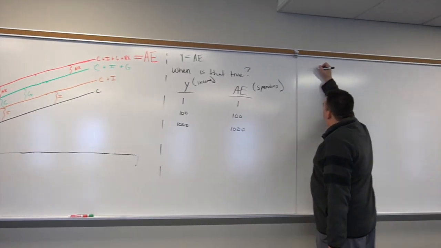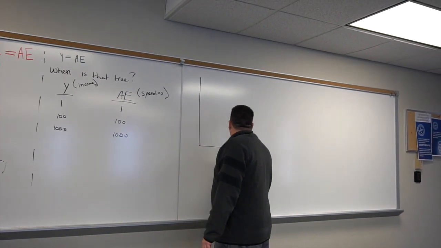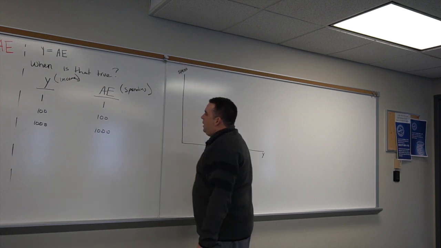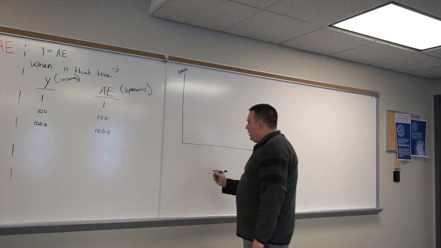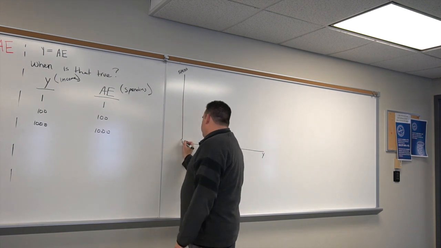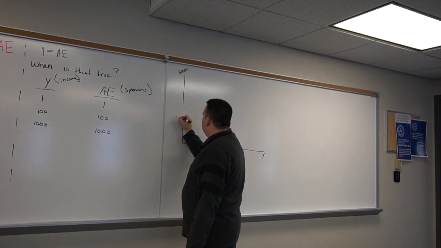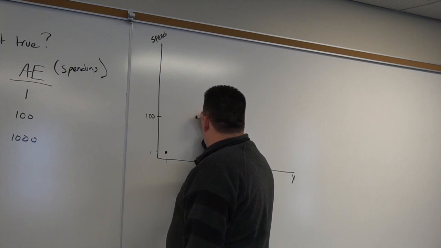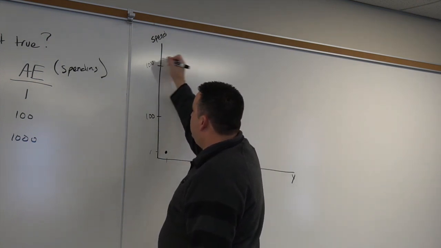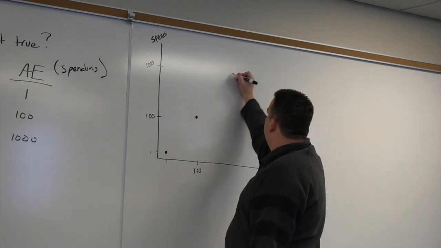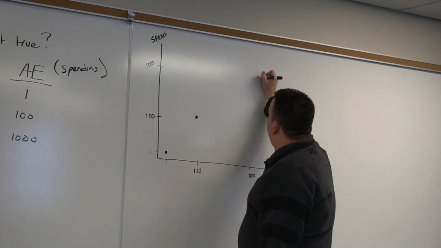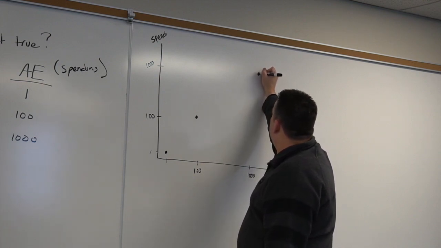So I could come over here and I could say, all right, well, let's plot income and spending using this information. Okay, this is probably not going to be scaled great, sorry. 1, 1. 100, 100. 1,000, 1,000, right? And I could put a point to represent all of these spots.